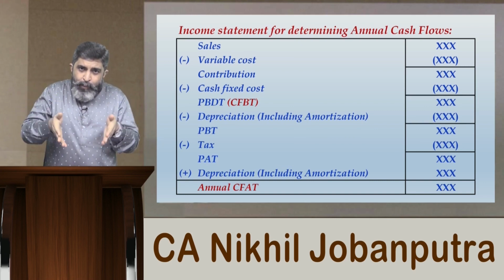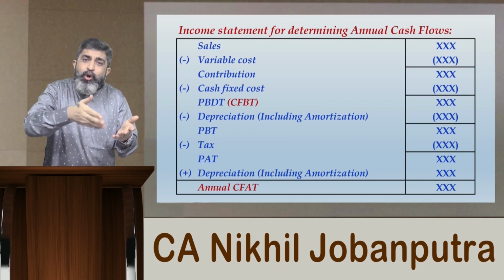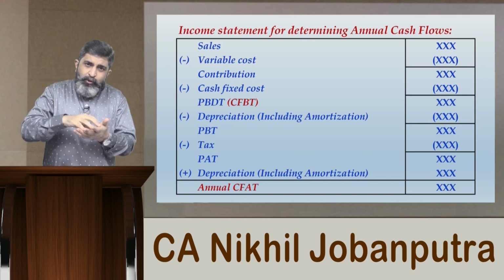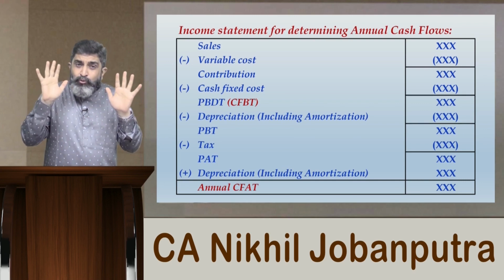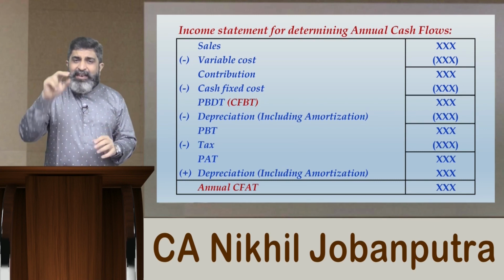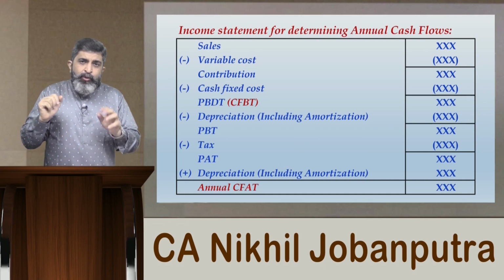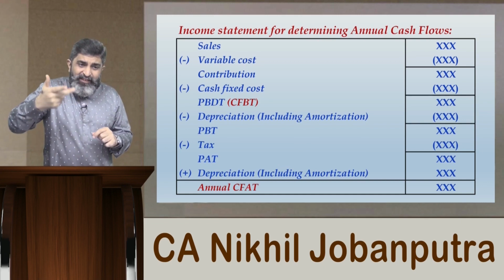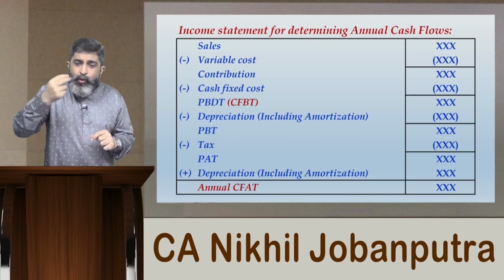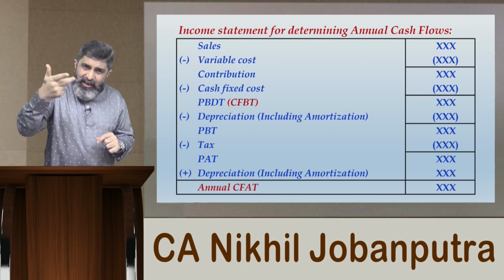I have yet to pay for those fixed costs also. So fixed cost in my business, I told you, is 12 lakhs. But that 12 lakhs includes 2 lakhs of depreciation and amortization. So I don't have to pay depreciation and amortization. Correct? I don't have to pay depreciation and amortization.